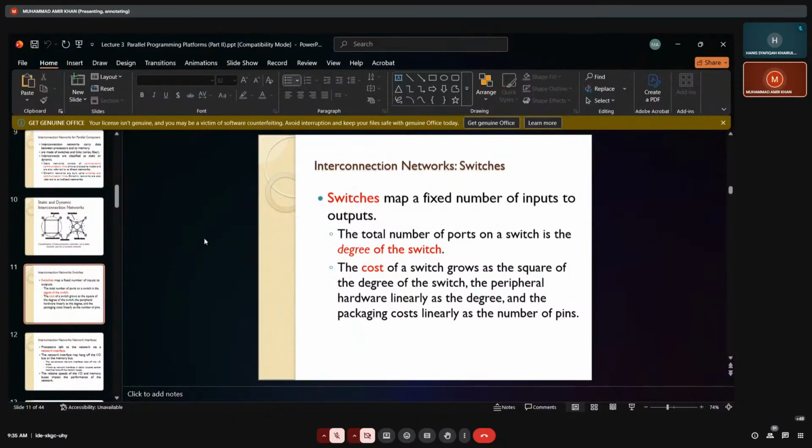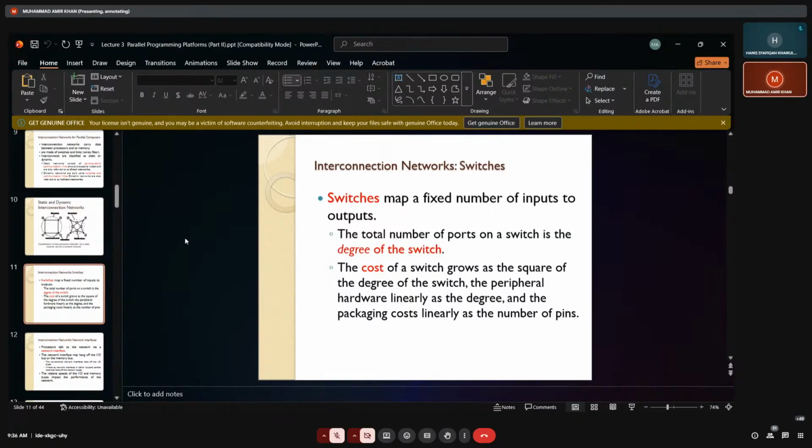Definitely, the cost of the switch grows as a function of the degree of the switch. The peripheral hardware grows linearly with the degree, and the packaging cost grows linearly with the number of pins. So the cost will be high if you use more switches.